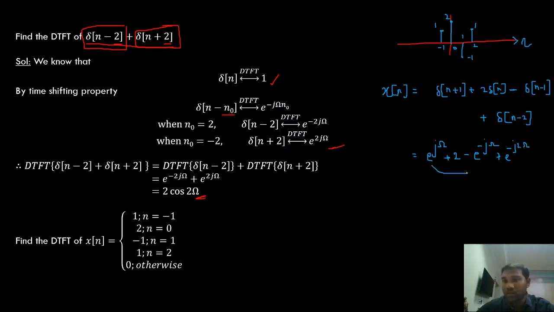These two I can combine and write as 2 cos omega plus 2 plus e power minus j 2 omega. This is my final answer. So that is how I can find the DTFT of a function when it is given in mathematical form. I can write my given function in terms of impulses, and then I can find the individual DTFTs.